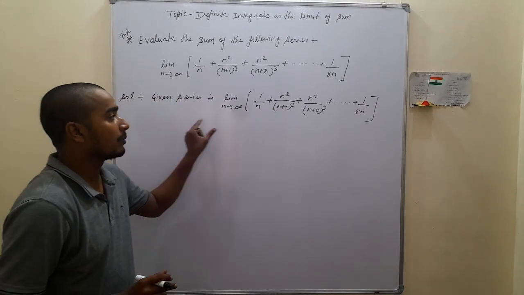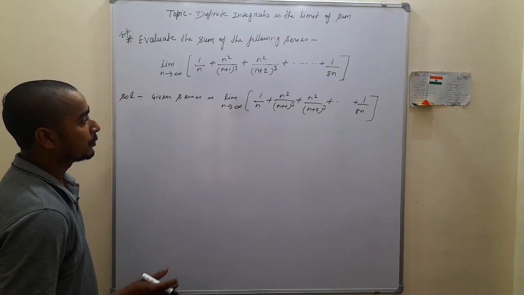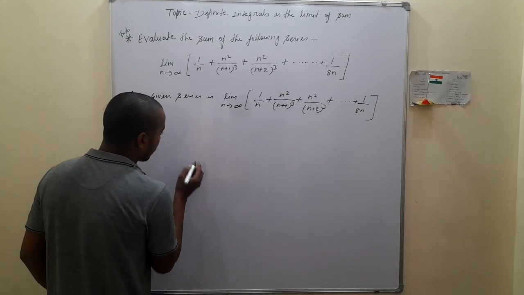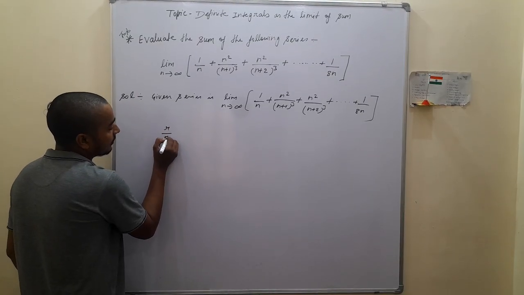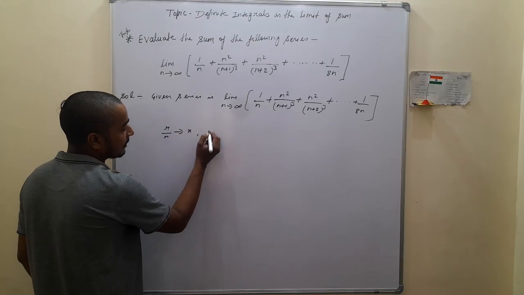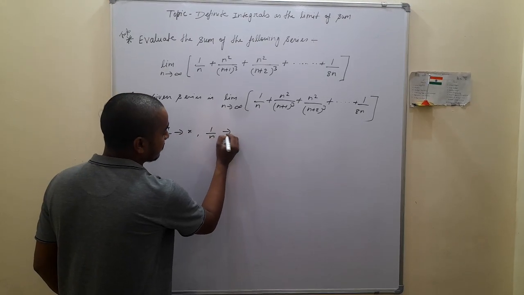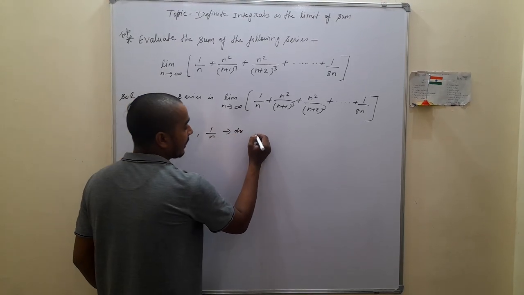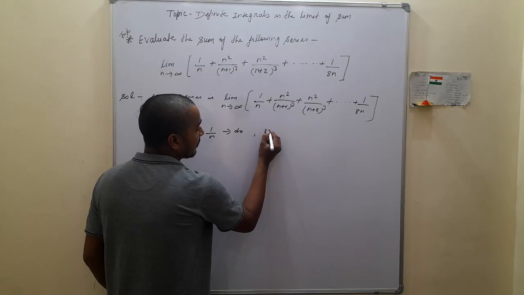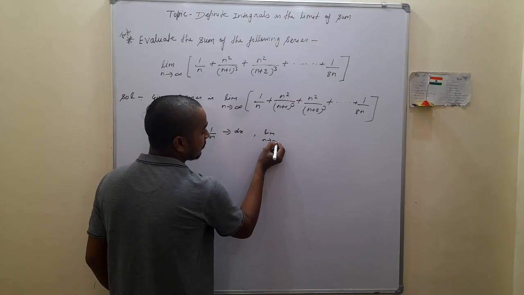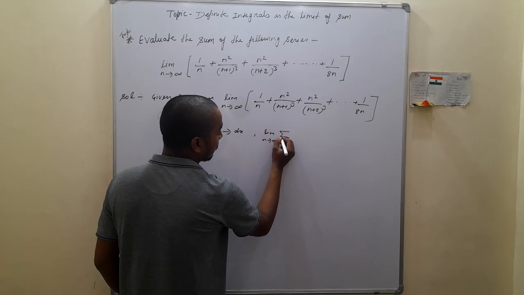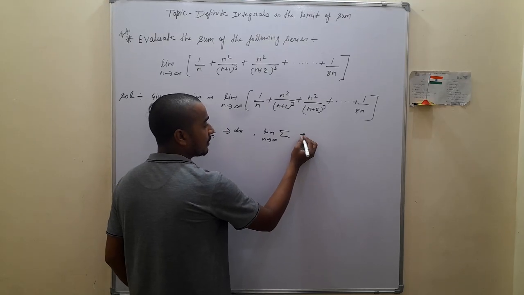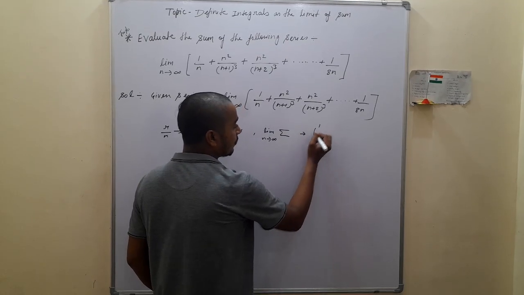When we have to solve this type of problem, we have to remember the following result. Here r by n is replaced with x, and 1 upon n is replaced with dx, and limit n tends to infinity, and the summation is replaced with the integral with limits 0 to 1.